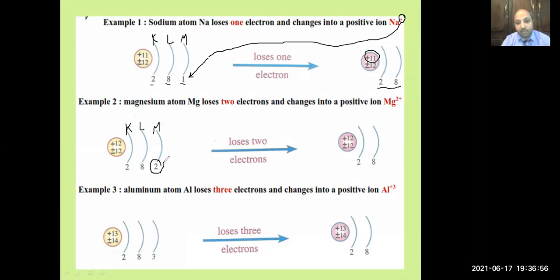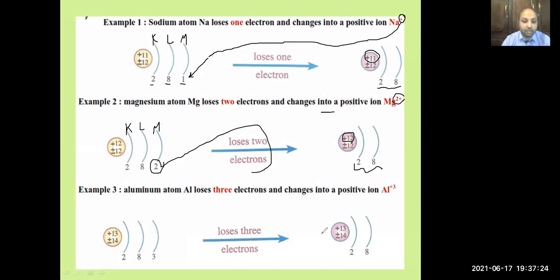So here the magnesium atom tends to lose 2 electrons and it changes into a positive ion, carrying 2 positive charges. Let's compare between the number of electrons in this ion and the number of protons inside the nucleus. Here the number of electrons is less than the number of protons inside the nucleus.